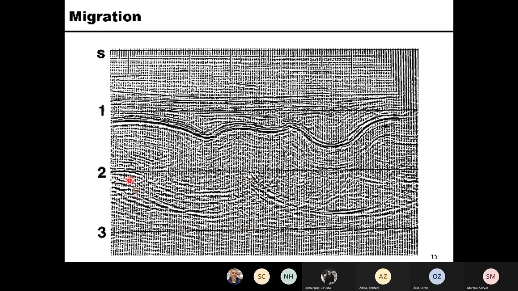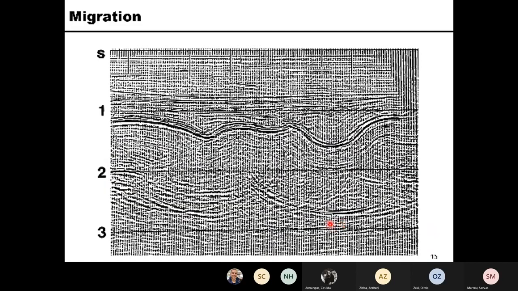But here, you do see some, there should be some diffractors. Maybe this is over migrate. Over migrate usually means you have an anticline structure, I mean, structure in your data, right? Not a subsurface structure.